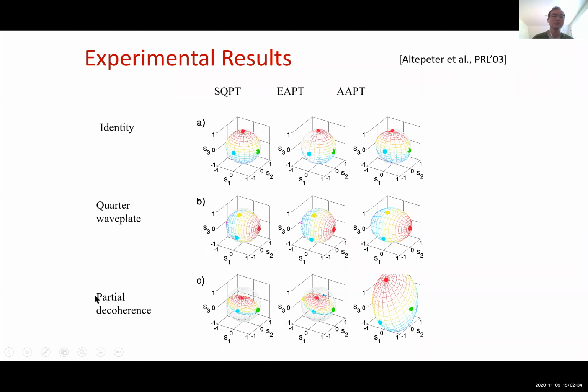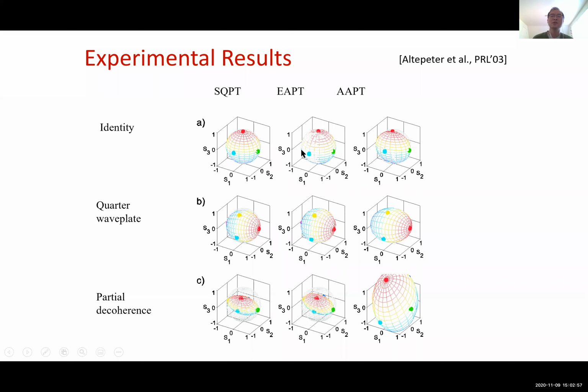There's also something you could introduce to act as if you have an environment. This is called decoherence. We mentioned something like a depolarizing channel. This will be similar. It's changing the Bloch sphere, shrinking the Bloch sphere.